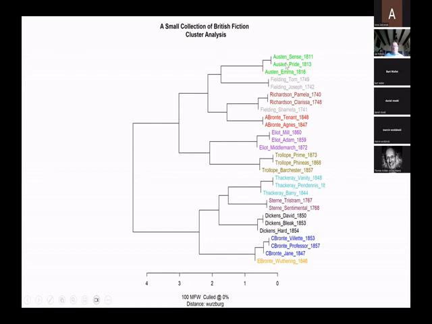The text that is most similar in terms of the usage of the most frequent words is Austen's Pride and Prejudice, and Austen's Sense and Sensibility, and the next most similar one is her Emma. Then when we go to the slightly bigger branch below, we get Tom Jones and Joseph Andrews by Fielding.